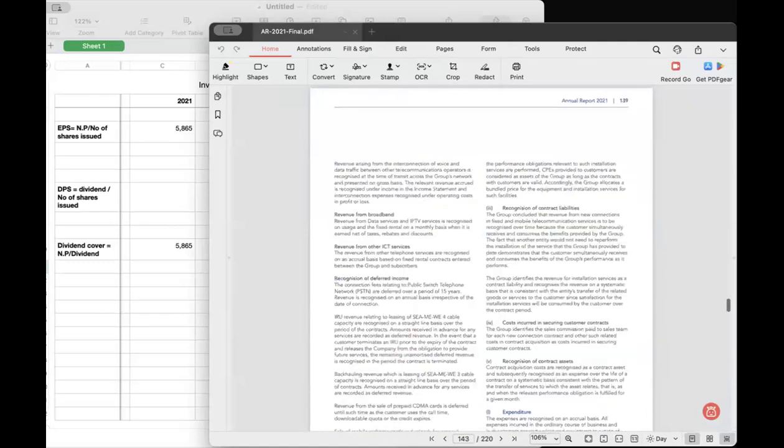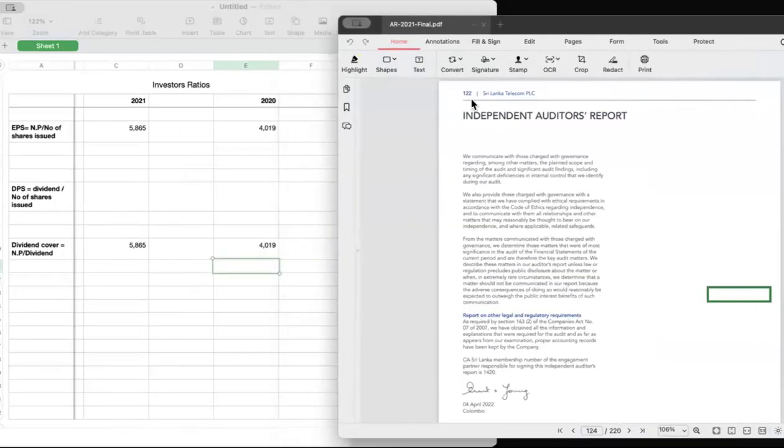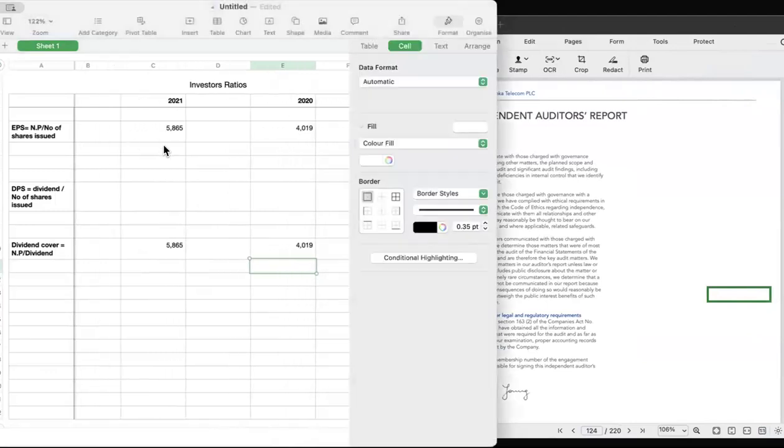So number of shares issued. Anyways, when I actually found it, I can't quite remember where I got it. But anyways, in 2021, the number of shares issued was 1601, and in 2020 it was 1913. It usually doesn't happen this way, but for some reason, both years it was different.